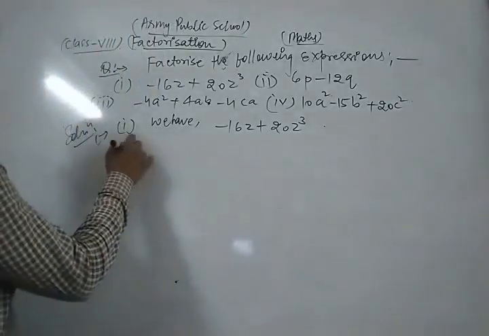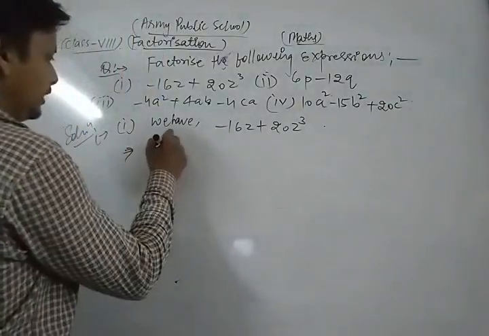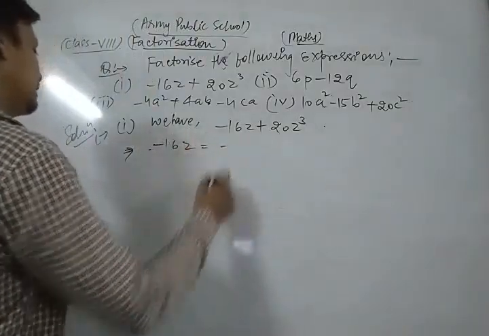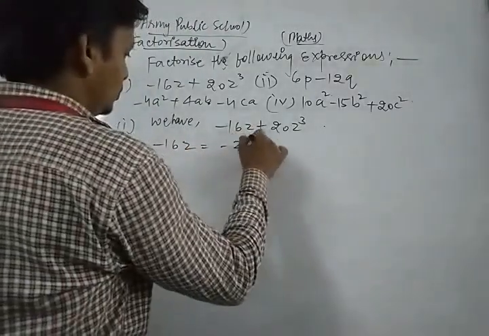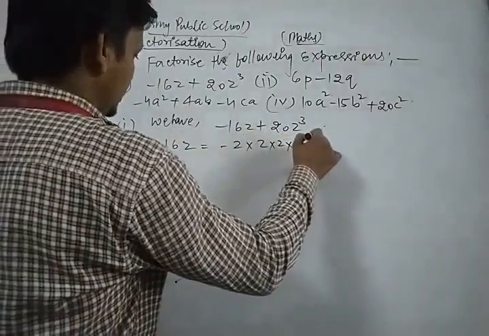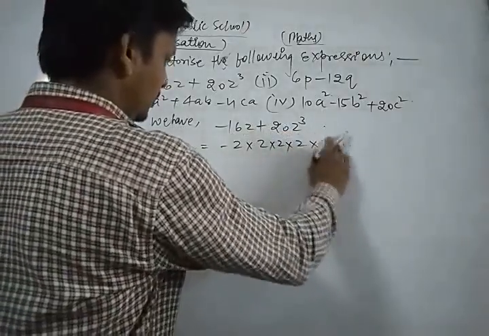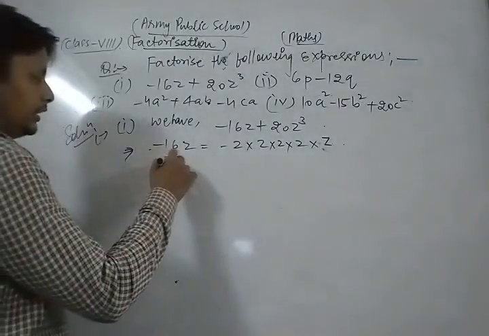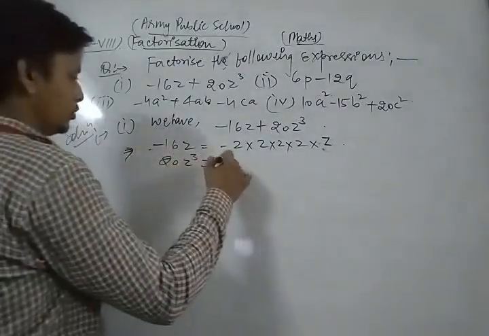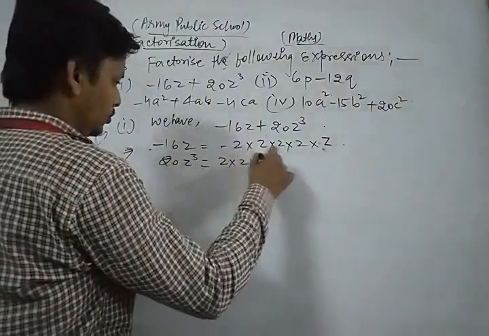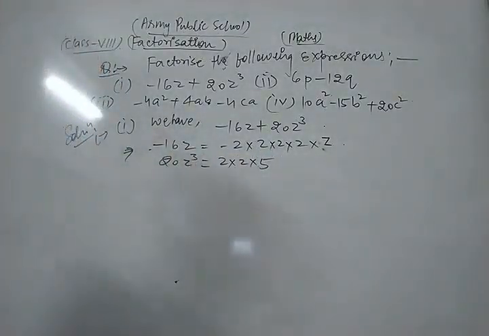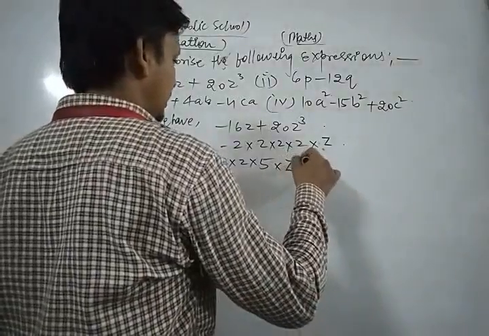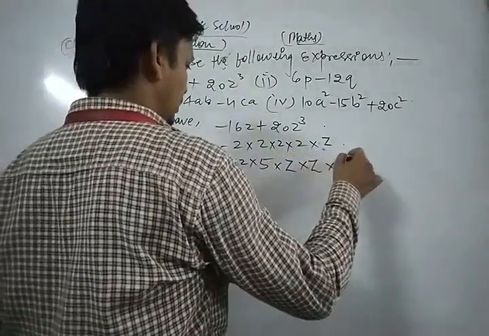Now look, we can write minus 16 into z, minus as it is, 2 to the 4 for 16, into z. And now we can write 20z cube as 2 into 2 into 5, and z cube we can write as z into z into z.